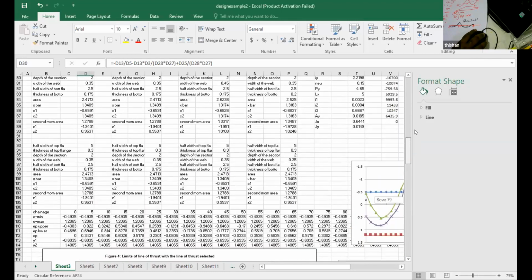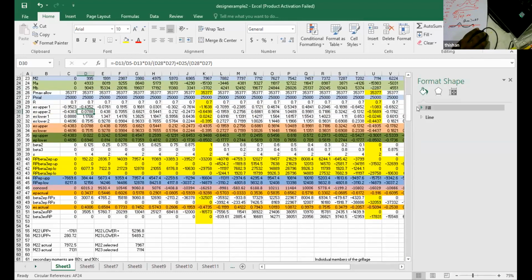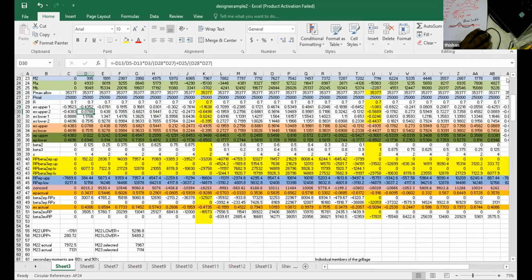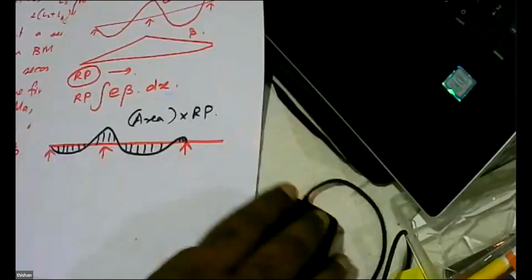So what I have done here is, here you can see I have got EP, then I have multiplied by RP beta 2 EP, but I have got 2 values for upper and 2 values for lower, and you might wonder why. I'll stop share just to explain that.